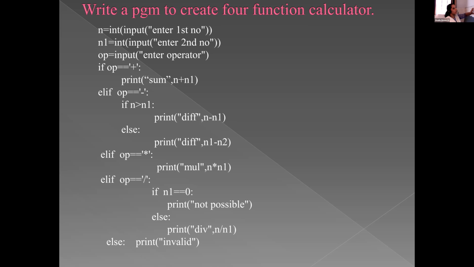Is it clear, Aryan? Ma'am, I can't see the screen share. What, Aryan? I can't see the screen share. Aditya, you also? Yes, ma'am, we can see what you are writing.